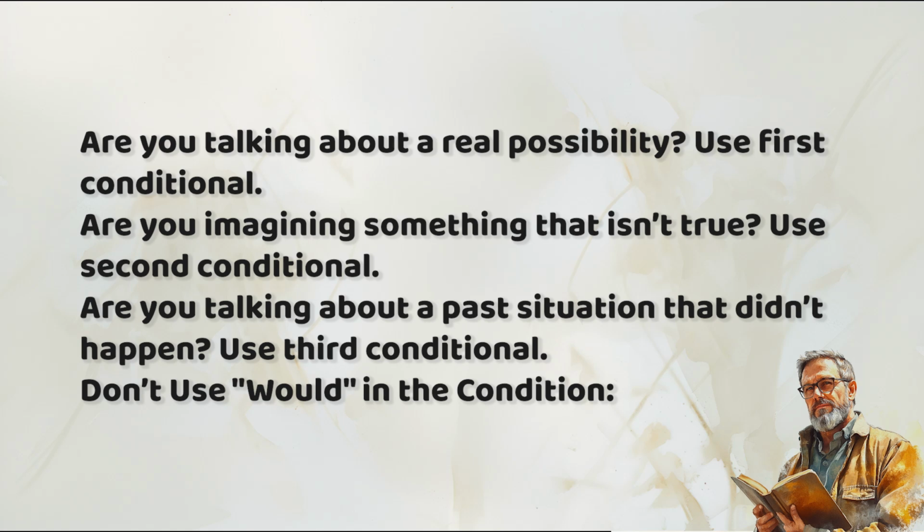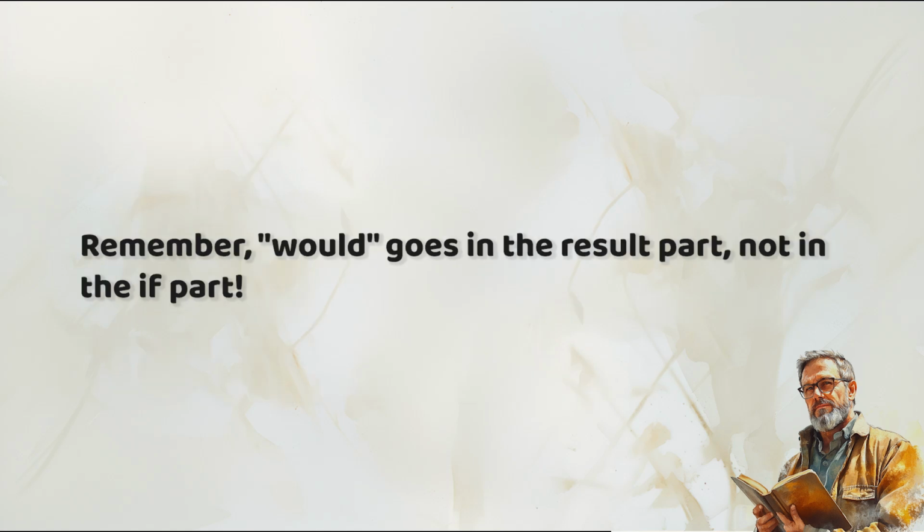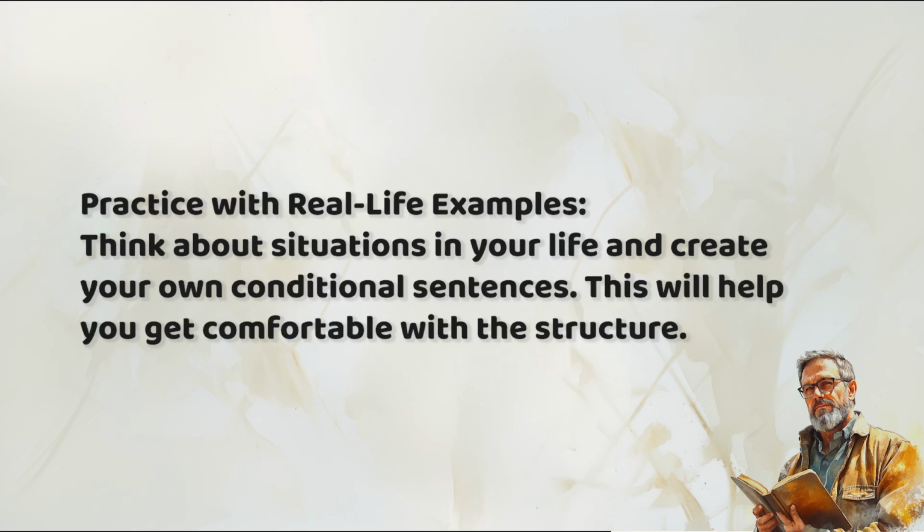Don't use would in the condition. Remember, would goes in the result part, not in the if part. Practice with real-life examples. Think about situations in your life and create your own conditional sentences. This will help you get comfortable with the structure.